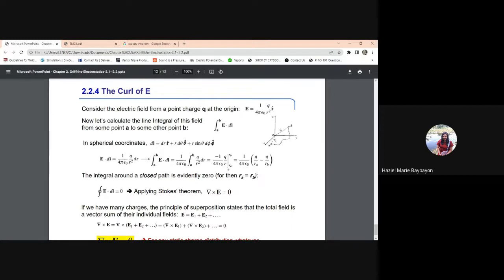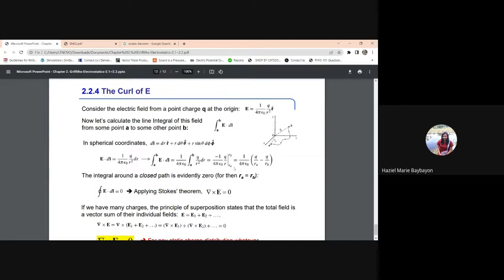And then, this is integrated from r sub A, class, this is the distance from the origin towards point A, and r sub B is the distance from the origin, or from the source charge, towards point B. Okay, so integrating this from r sub A to r sub B, then we have 1 over 4 pi epsilon naught.